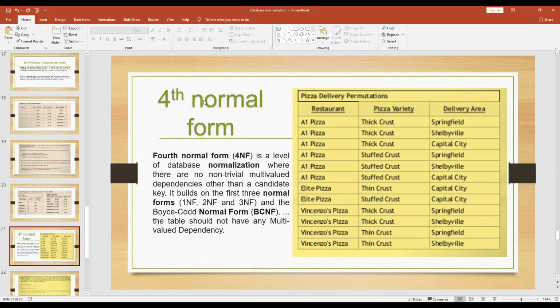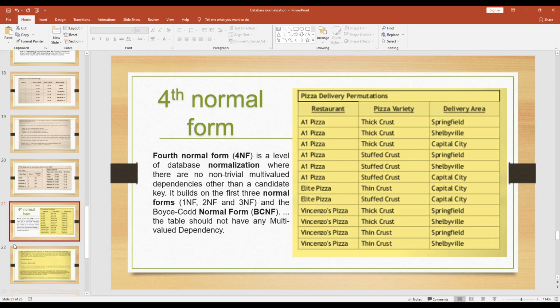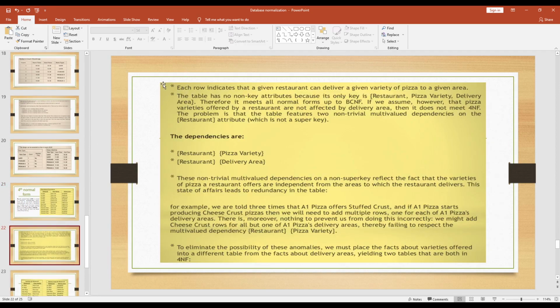Eighth row Springfield. Ninth row Shelbyville. Tenth row Springfield. Eleventh row Shelbyville. Each row indicates that a given restaurant can deliver a given variety of pizza to a given area.